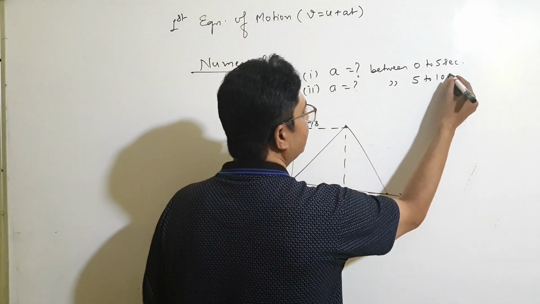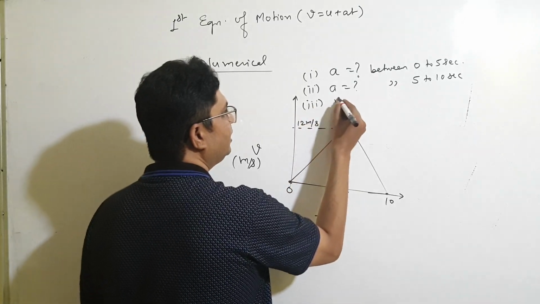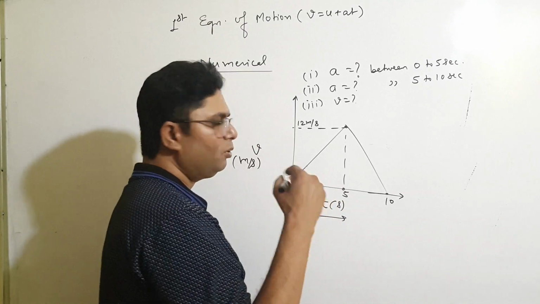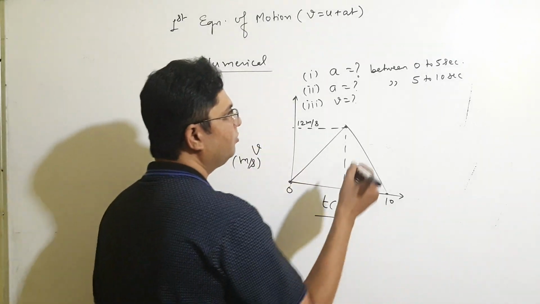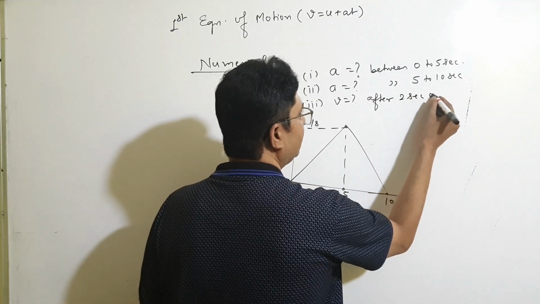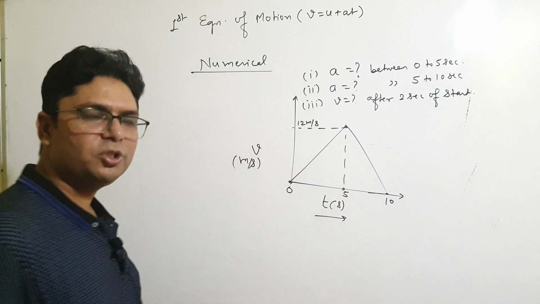Number third, you have to find the velocity after 2 seconds of start. So v equals what after 2 seconds of start? I have just framed a question for you.